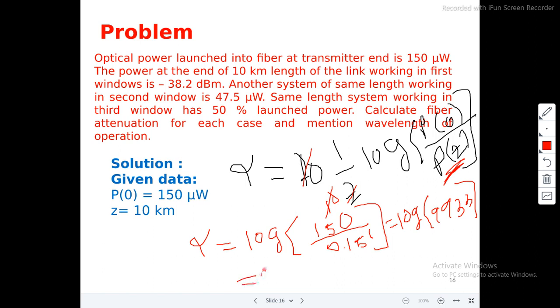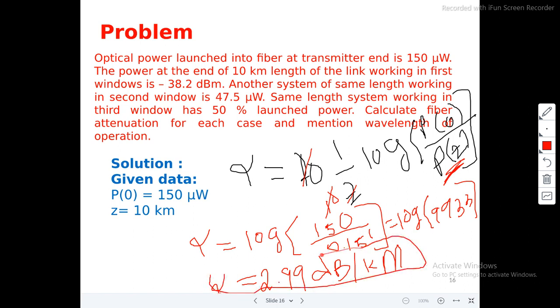After completion, the value is 2.99 dB per kilometer. So this is the first window technique, the attenuation constant alpha. The first one is completed. The final answer is alpha is equal to 2.99 dB per kilometer.